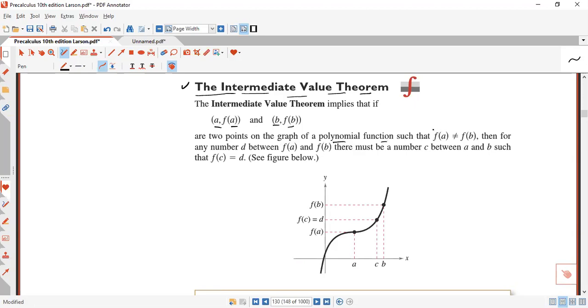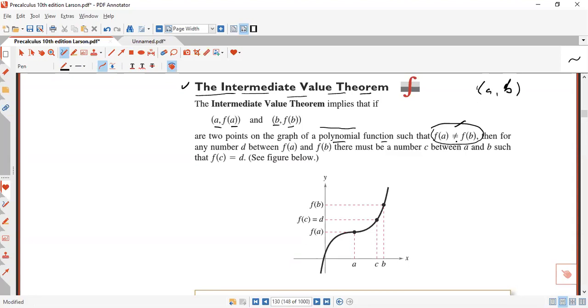There is another assumption that the two values are different, meaning f of A is not equal to f of B, and the graph is continuous. Why? Because it is a polynomial, so the graph of a polynomial is always continuous. Clear?